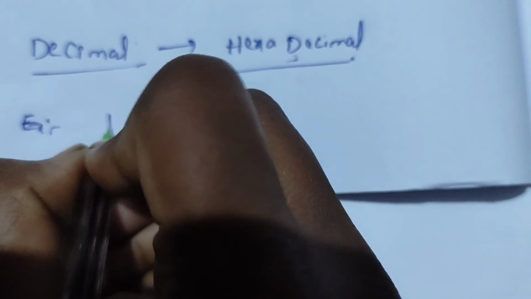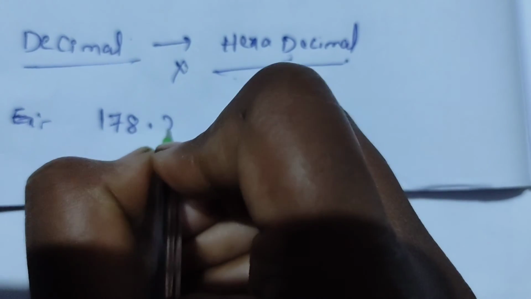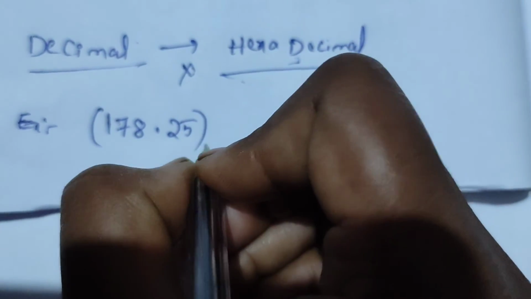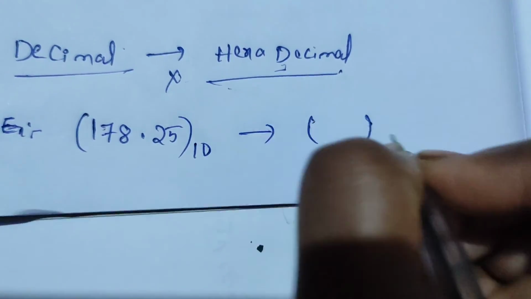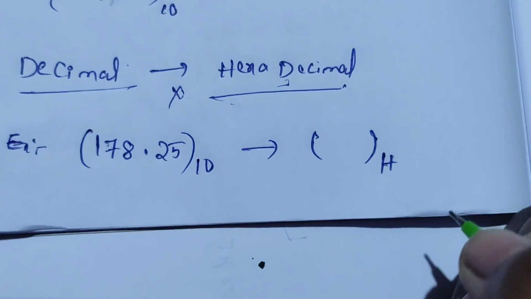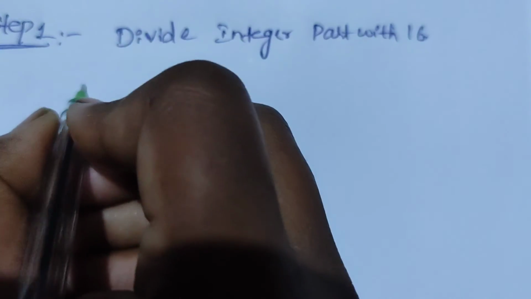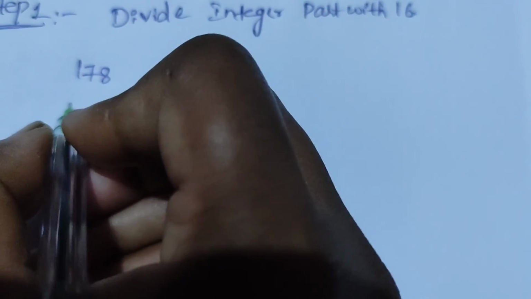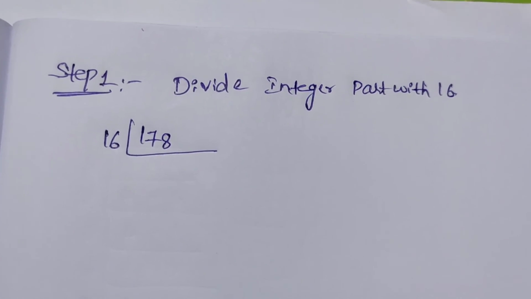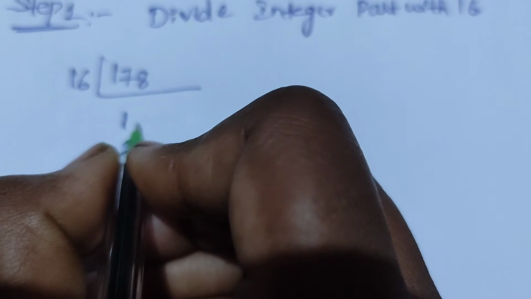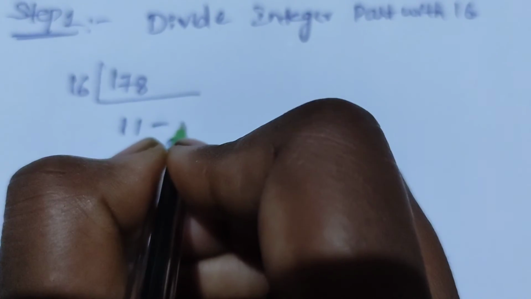Decimal to hexadecimal conversion. Now we will see how a decimal is converted to hexadecimal with an example, taking a fraction part also. The example is 178.25 to be converted to hexadecimal. In step 1, divide the integer part with 16. The integer part is 178, so divide 178 by 16. On dividing 178 with 16, we get remainders.